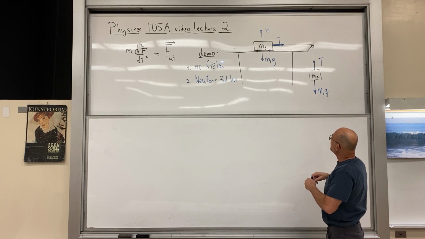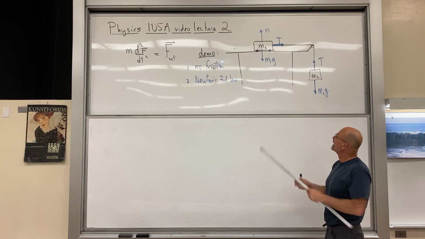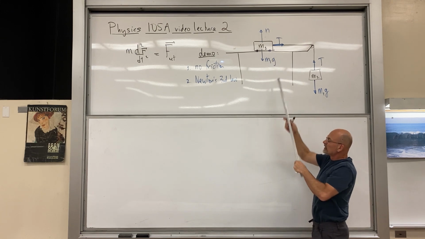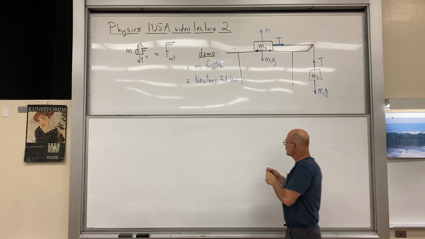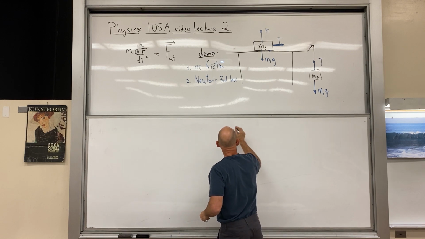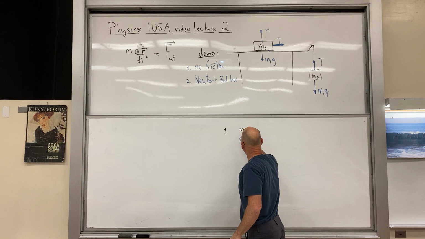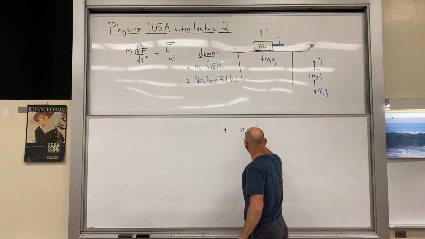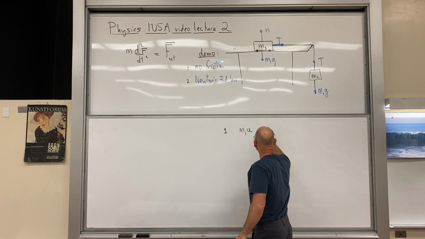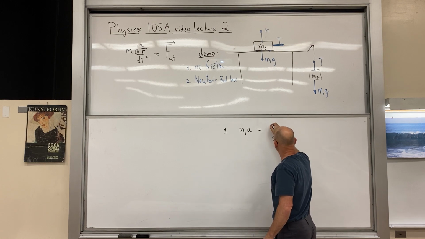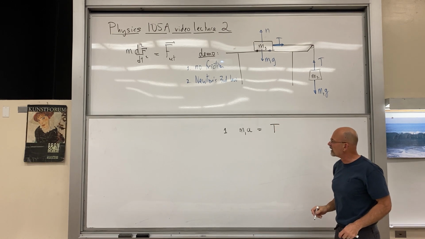Okay, so here's what we do. We've already agreed these two are just going to cancel each other out. So for the first car, we have mass 1 times acceleration is equal to tension. That's it. That's Newton's law.